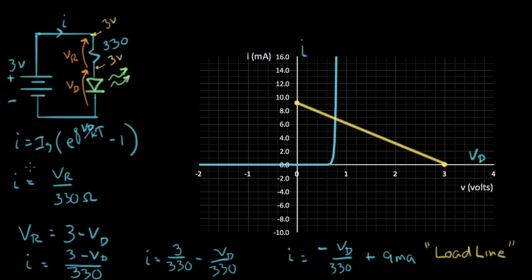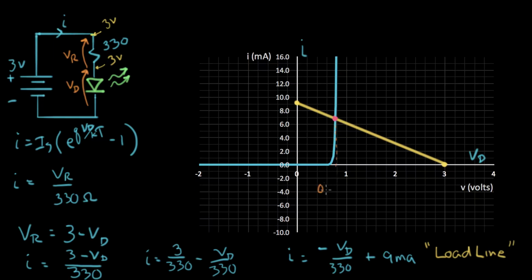You remember back over here, we said we could solve these two equations by setting the two I's equal to each other. And that's basically, where do these two lines intersect? And they intersect right here. That's the solution to our problem. So this intersection point is the solution. It's where the resistor current and the diode current are the same. And now I can just read off my answer.